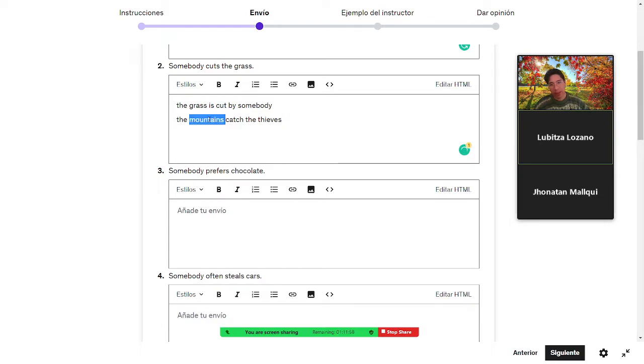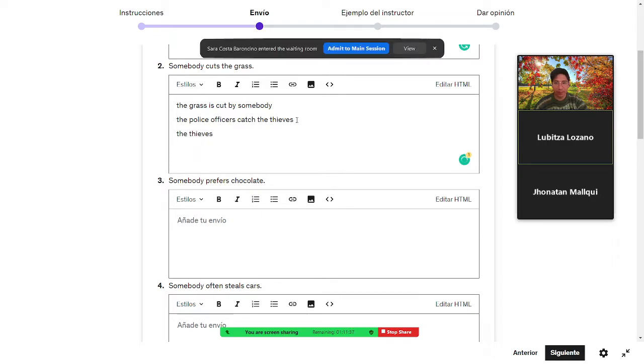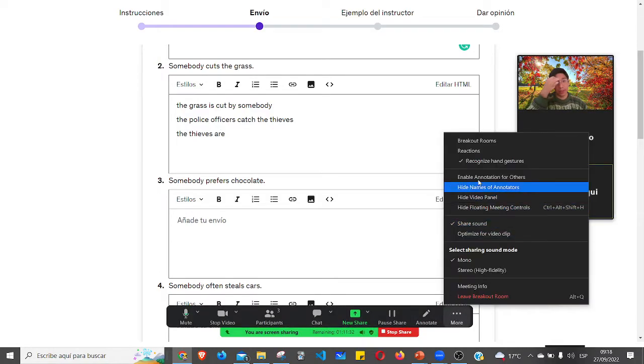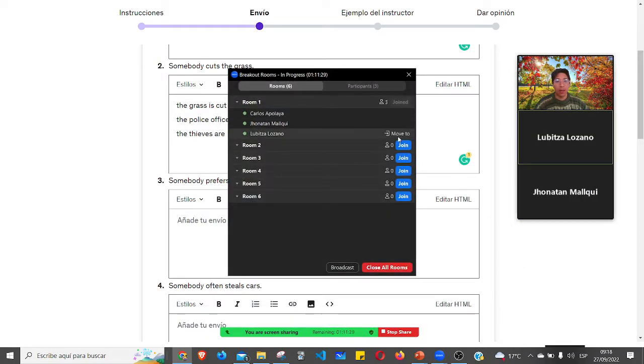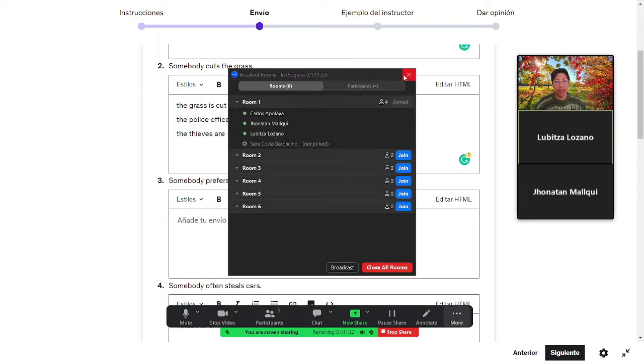Yes, in Canada, because I was teaching Canadian English, so I remember the police officers, the mountains. The police officers catch the thieves, so the thieves are caught by the police officers.